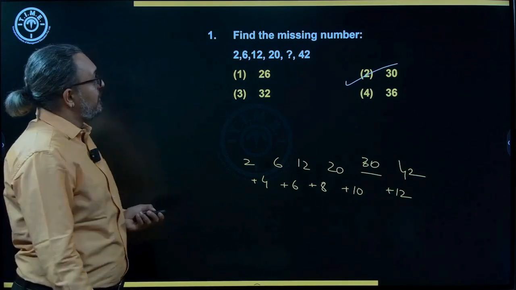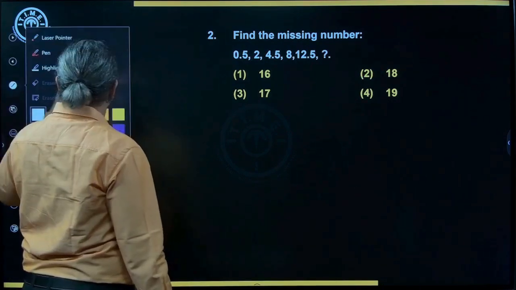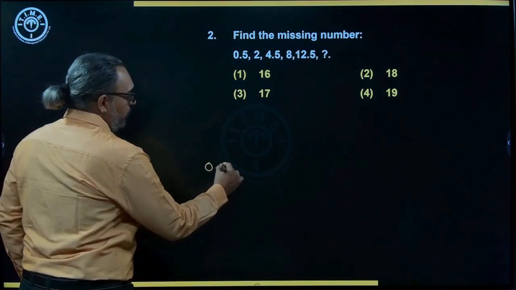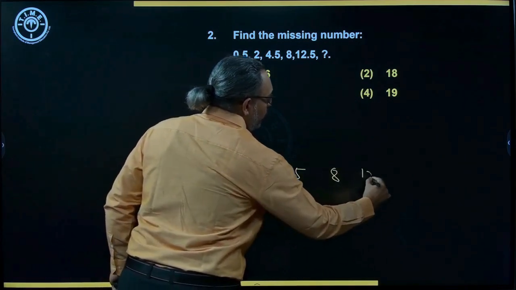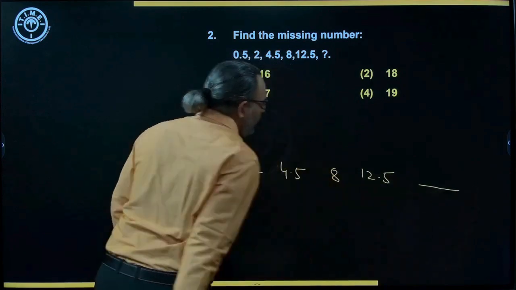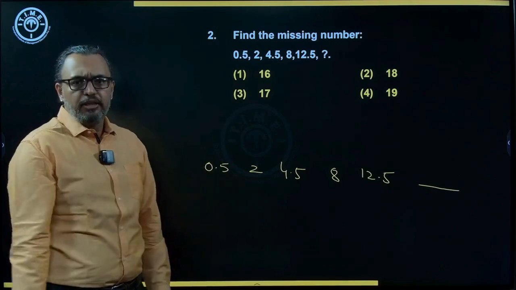Then next, here we have 0.5, 2, 4.5, 8, 12.5, blank. Even though it is given in decimals, we can try addition first.